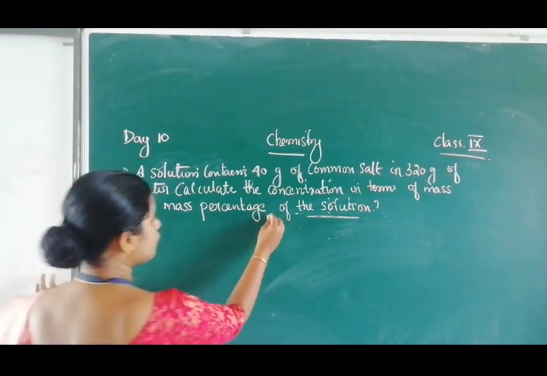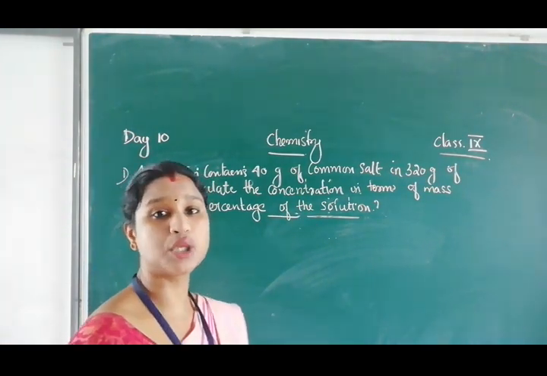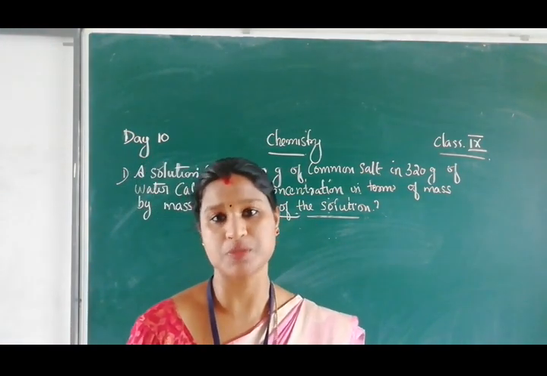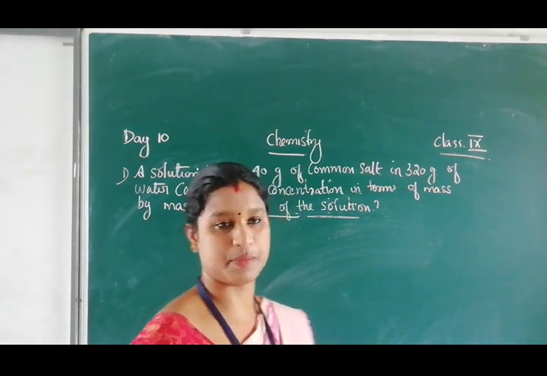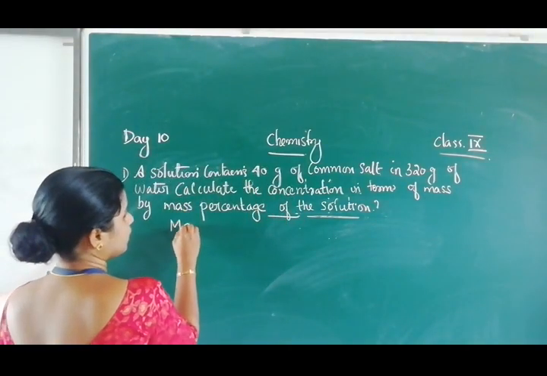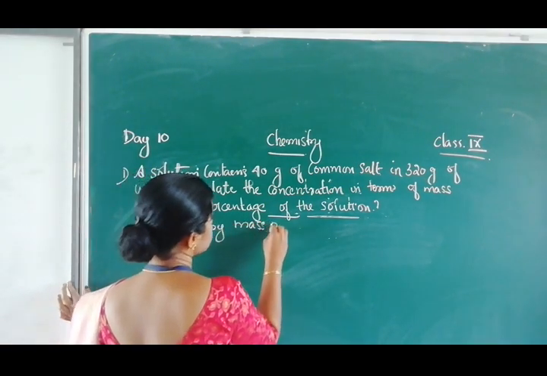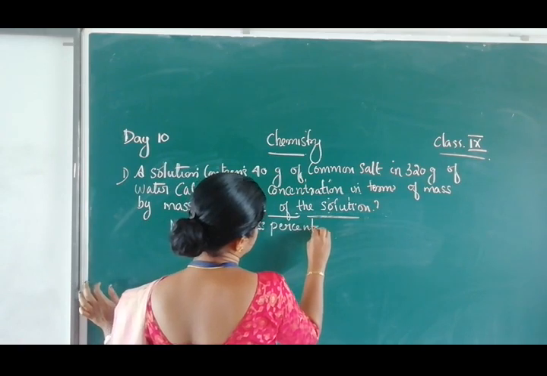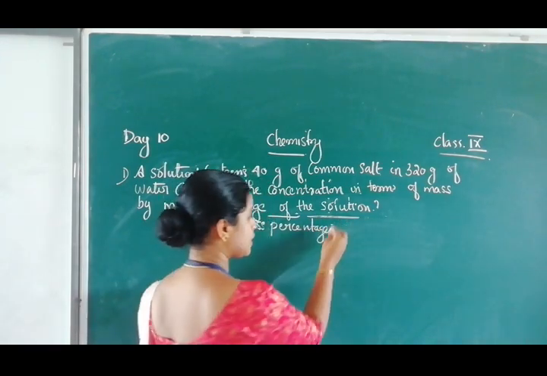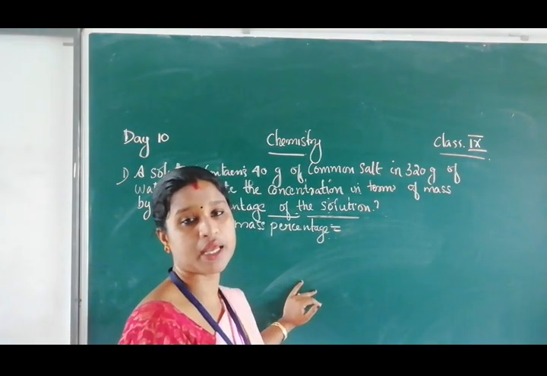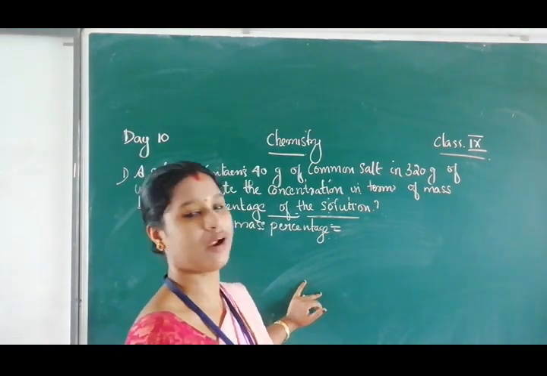First of all, I am going to write the equation needed to do this problem. What is mass by mass percentage? What is the equation? Mass of the solute divided by mass of the solution into 100. Mass of the solute by mass of the solution into 100.